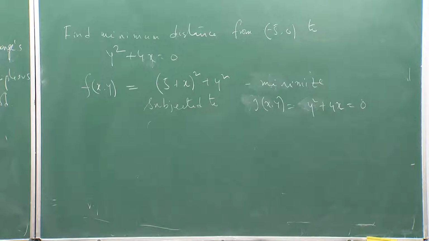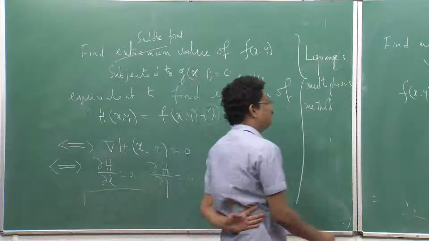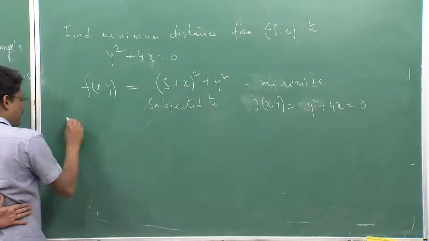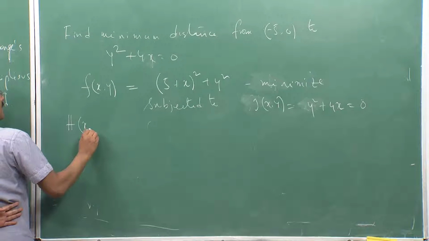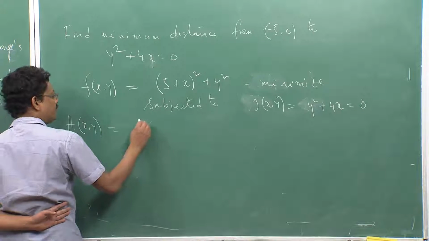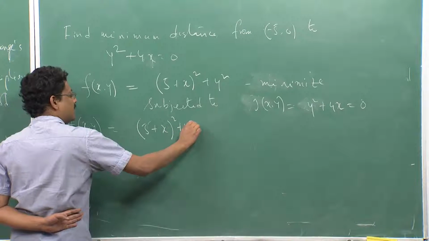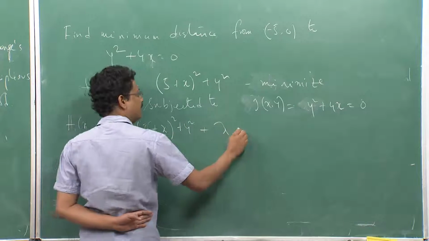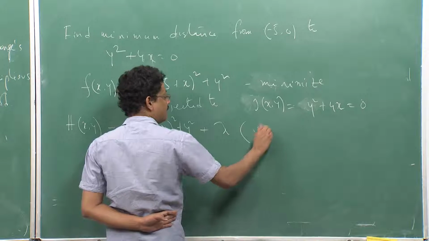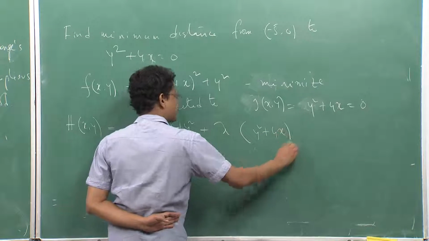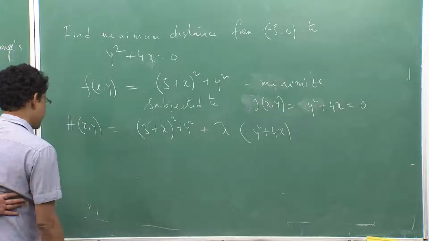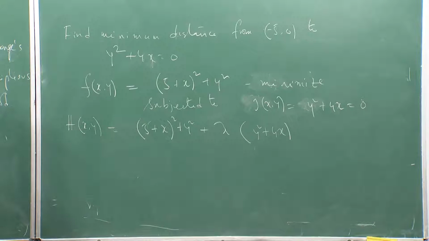So, I will apply this Lagrange multiplier method. By this method I should look at the function h(x, y) equal to (5 plus x) square plus y square plus lambda times (y square plus 4x). And then what should I do? I should look for the saddle point first.